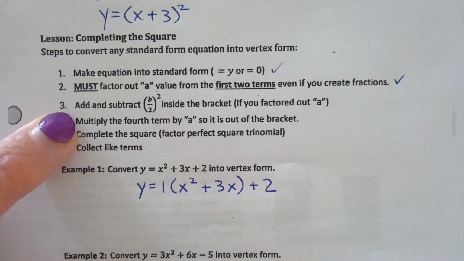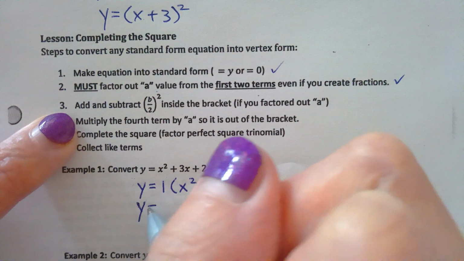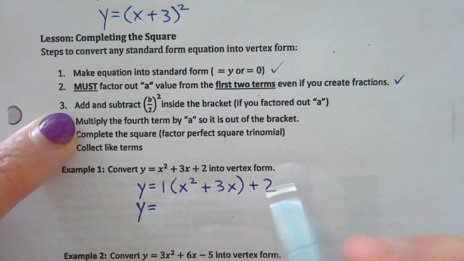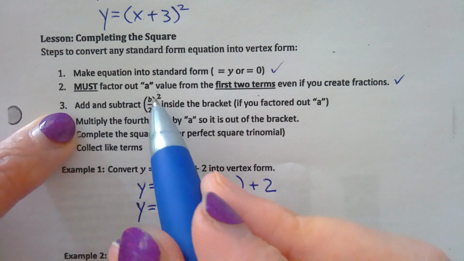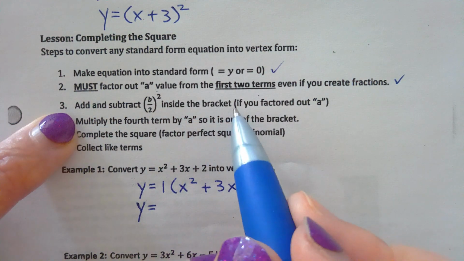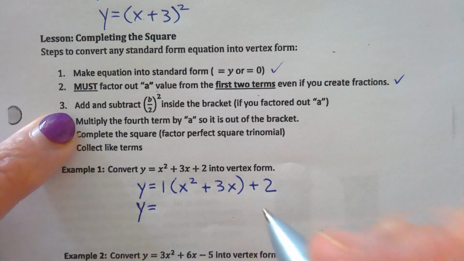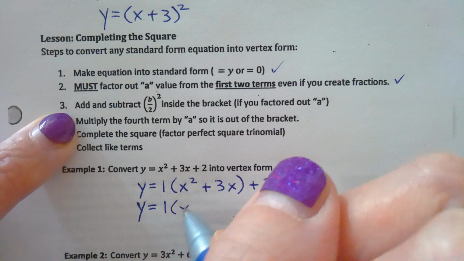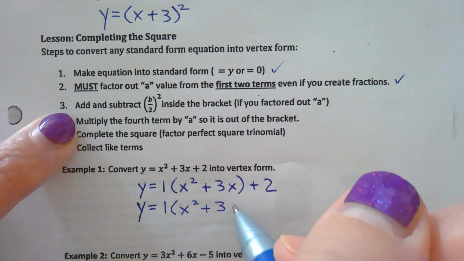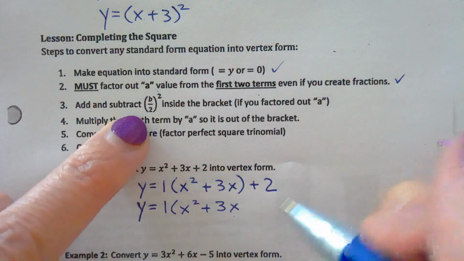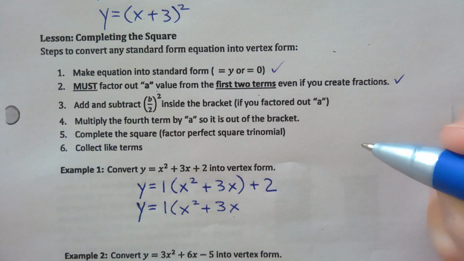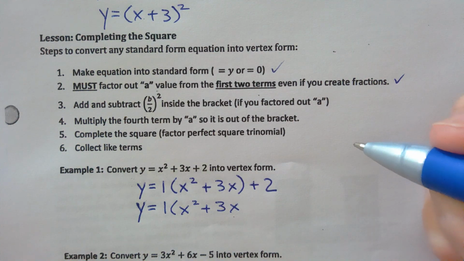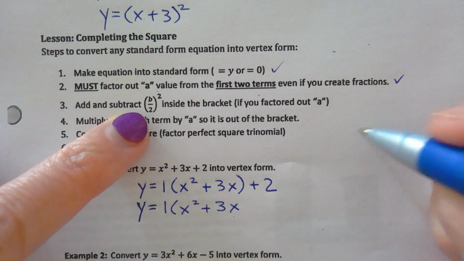Third step, add and subtract b divided by 2 squared inside the bracket. After 1, x squared plus 3x, what's my b value? Jonathan? 3, right?